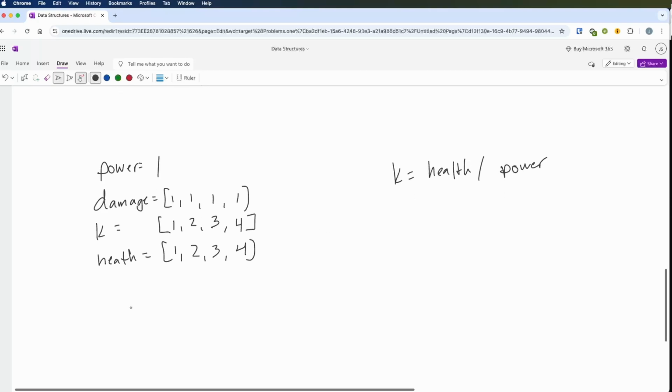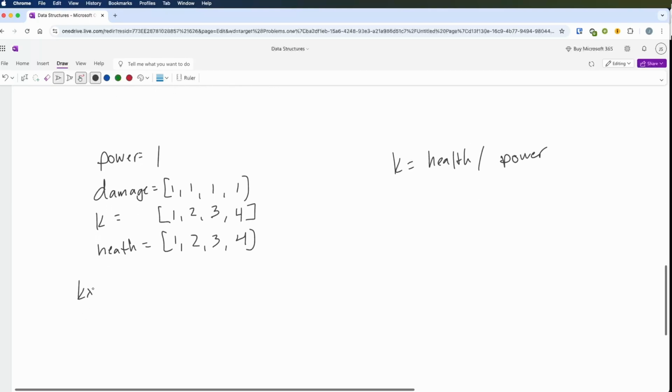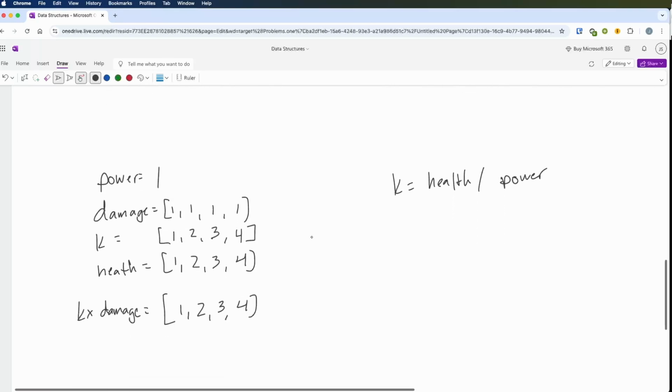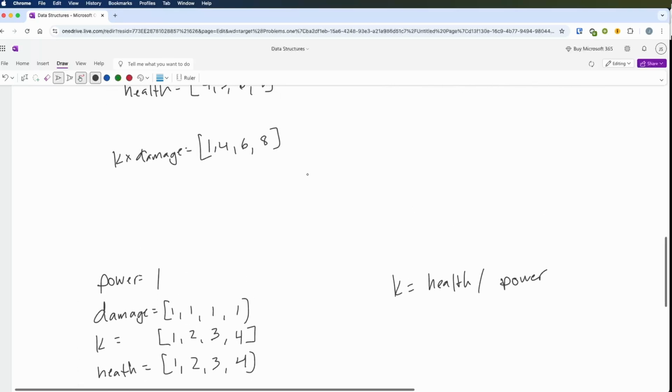Right, and then our K times damage rolls 1, 2, 3, 4. So here it made most sense to start at the end. Here it makes the most sense to start at the beginning. So this doesn't really tell us anything, right?